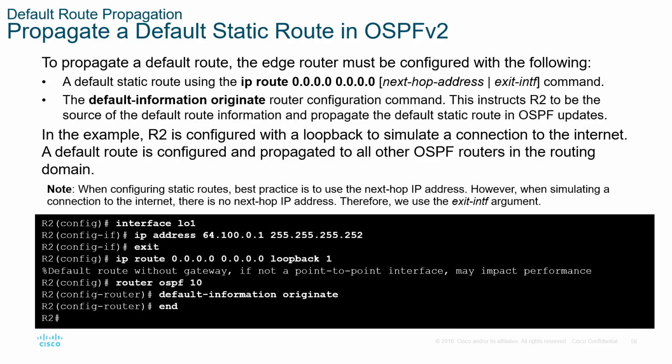So interface loopback one, and then you assign the IP address to the loopback, and that creates it. And then you assign a static route to the loopback, so it won't go anywhere. It will just be a black hole. Everything will go to the loopback.